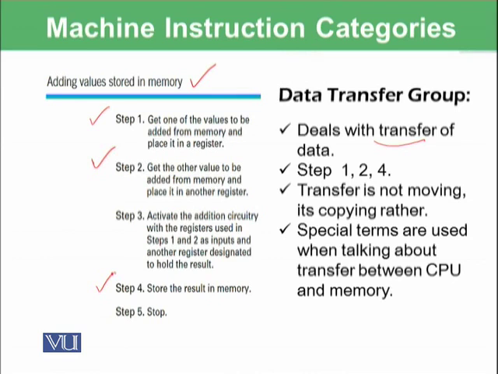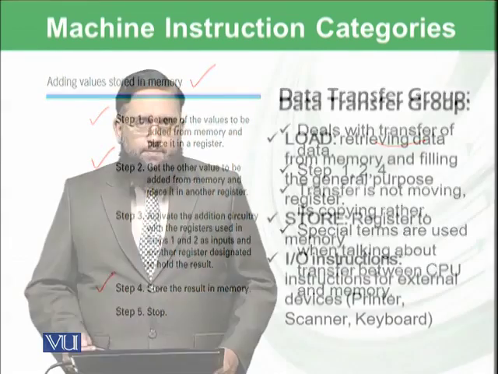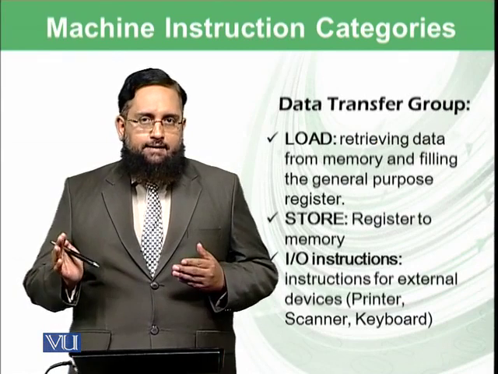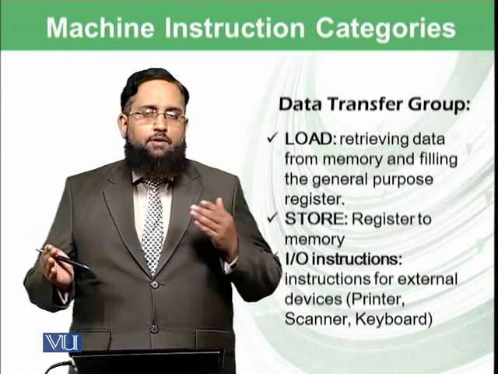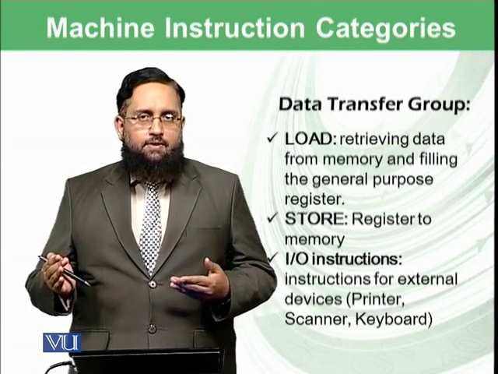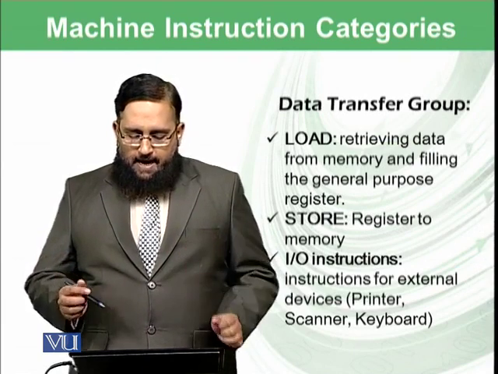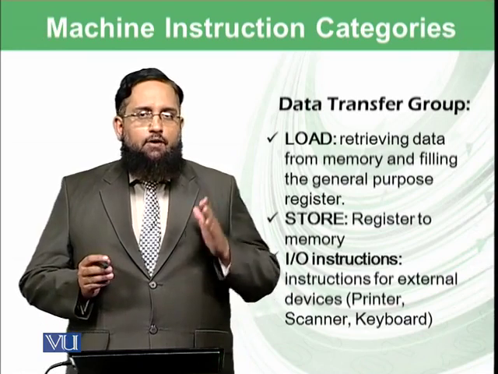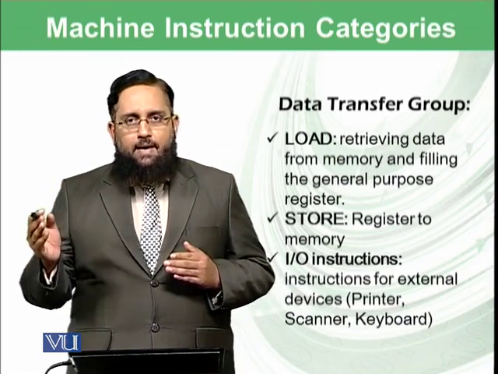And then there are special terms used when talking about transfer between CPU and memory. Let's see what those are. One is called load. Load is getting data from main memory into the register. That was the first step within the previous algorithm. Then store is storing data from a register to the main memory.